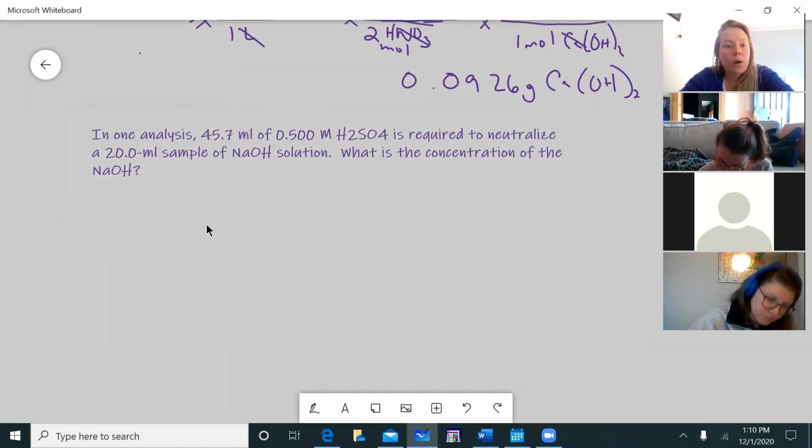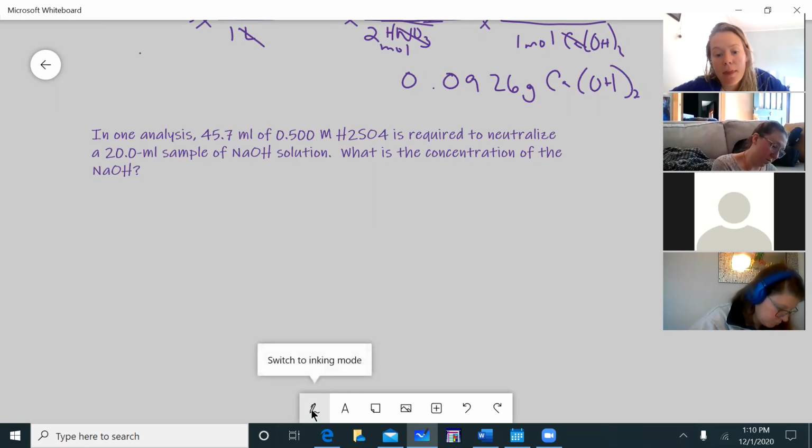All right, so in one analysis, 45.7 milliliters of a 0.500 molar H2SO4 solution is required to neutralize a 20 milliliter sample of NaOH. What is the concentration of the NaOH? And when I'm saying what is the concentration, I'm asking for the molarity of that thing.